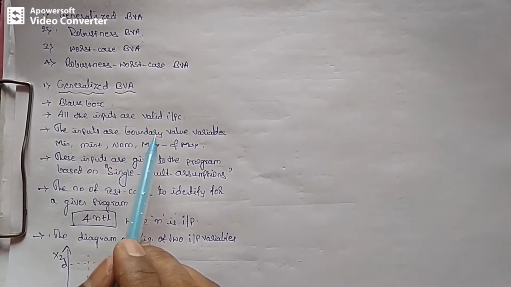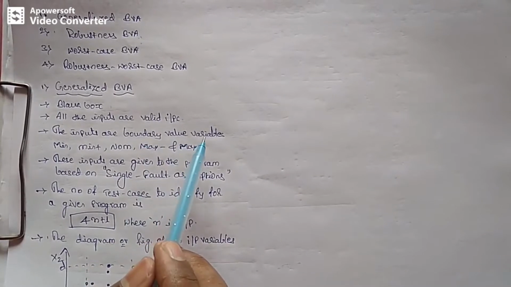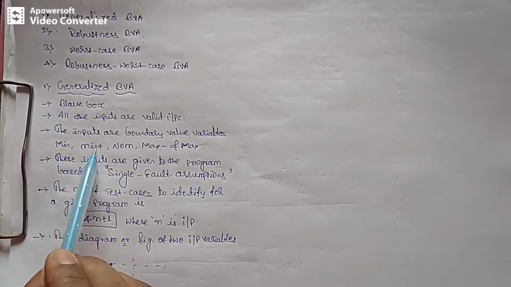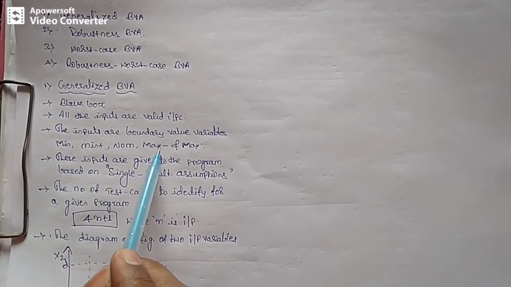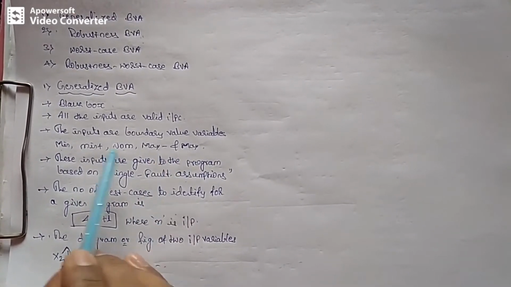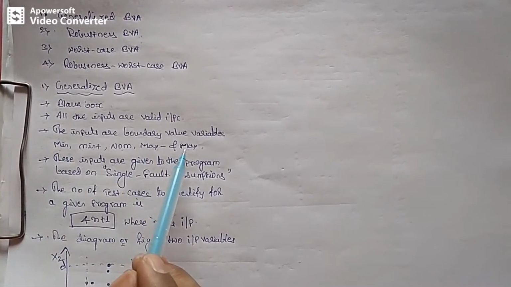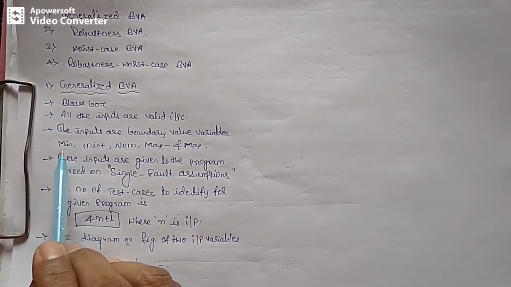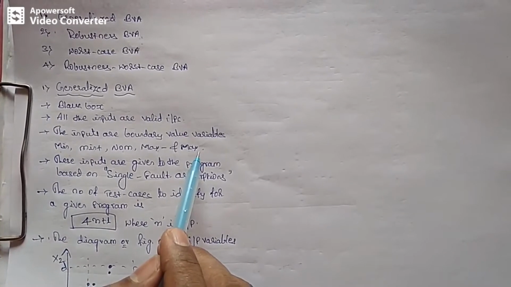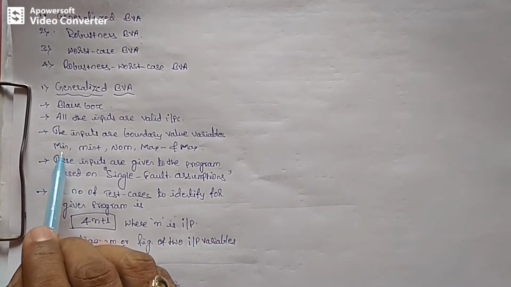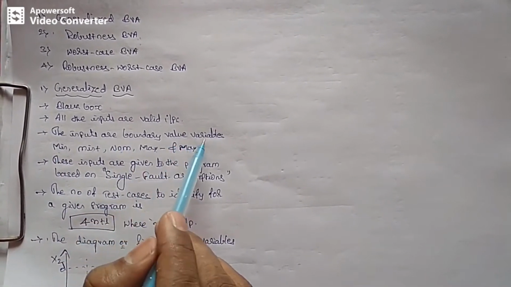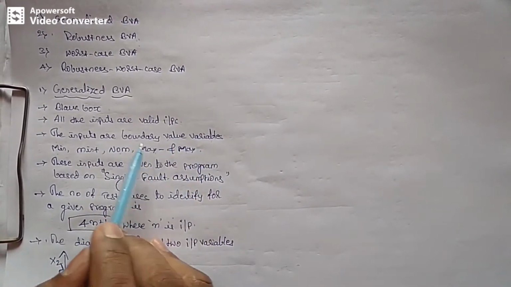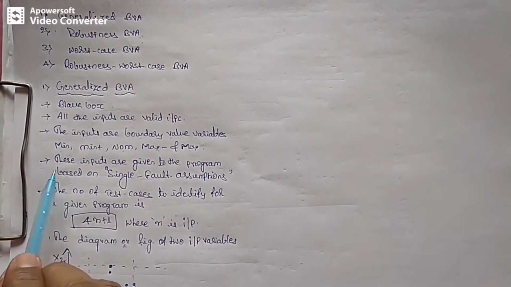All the inputs are boundary value variables, for example minimum, minimum plus, nominal, max minus and max. These are the 5 input variables we specify for a given program. These input variables are valid, and we also call them boundary value variables. By using these boundary value variables, we are going to test the given program.